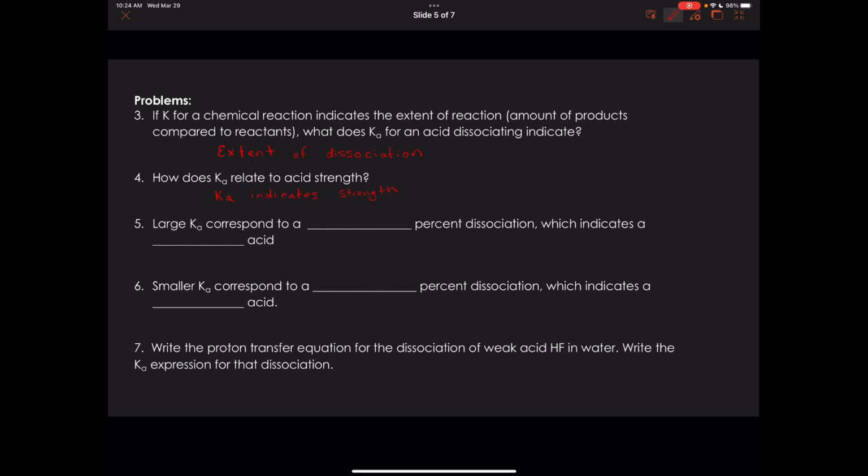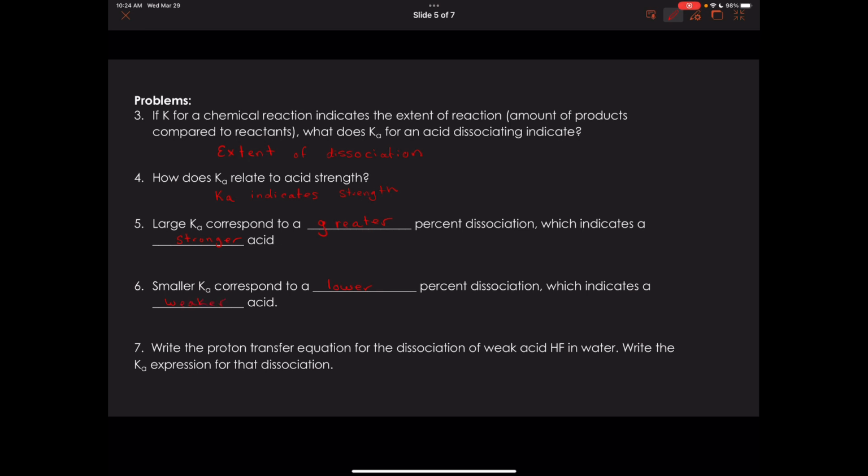So the larger our K value, that means we're going to have a greater percent dissociation, which is going to indicate a stronger acid. The smaller our K value is, the less dissociation we're getting, so we're going to get a lower percent dissociation, which would indicate a weaker acid.